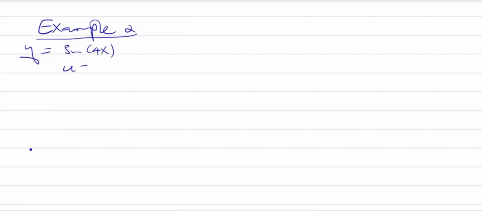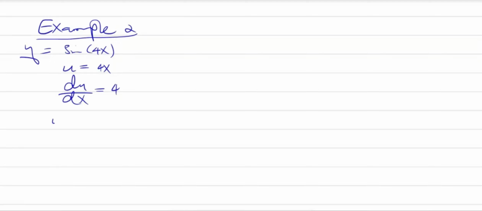Everything inside the parenthesis is u, and we differentiate u with respect to x, du over dx, so that's 4.